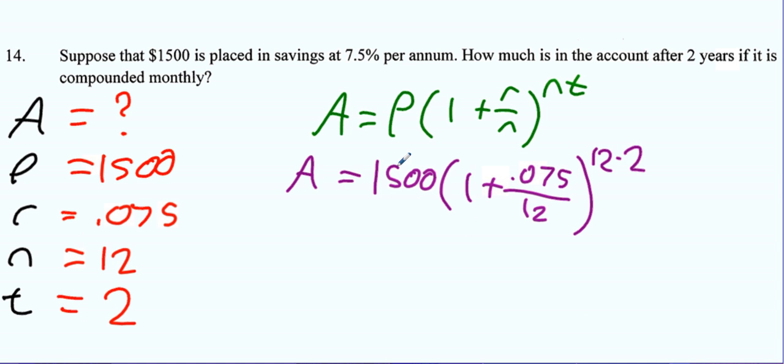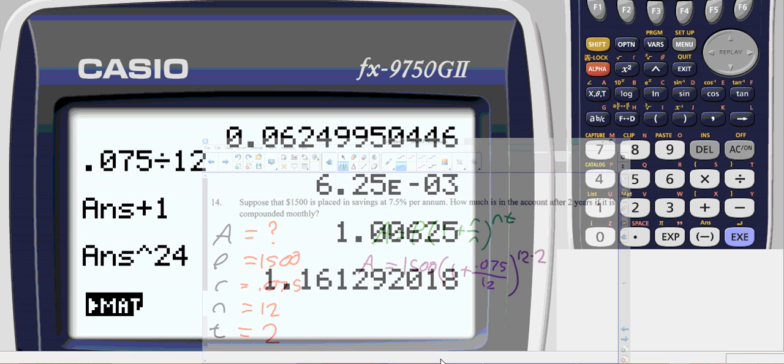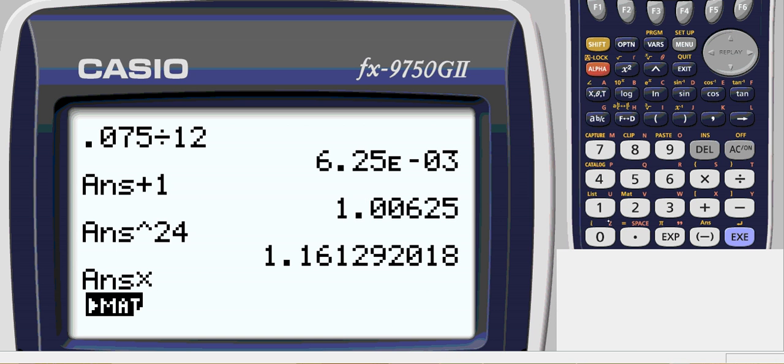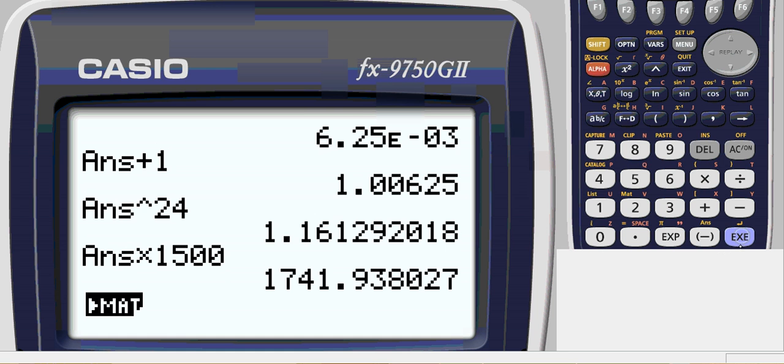So we've done that. Now multiply by the principal, 1,500. So it's 1,741.94.